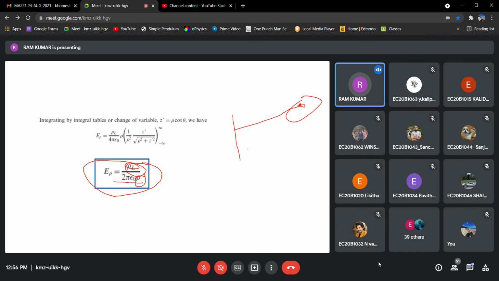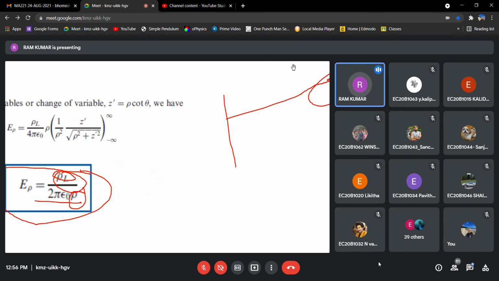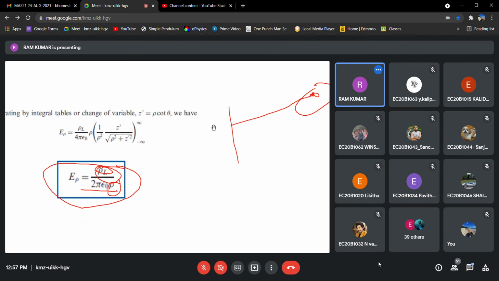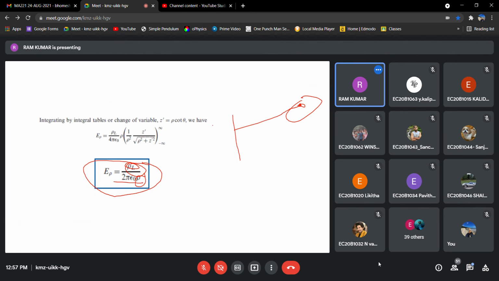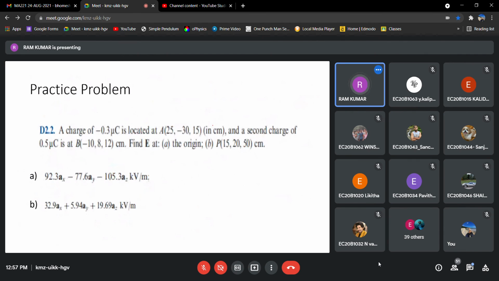This is the main practical purpose, because we don't know what is in between. We continue next class. This is what we discussed today: Coulomb's law, which you already know, and electric field intensity due to a point charge as well as a line charge.